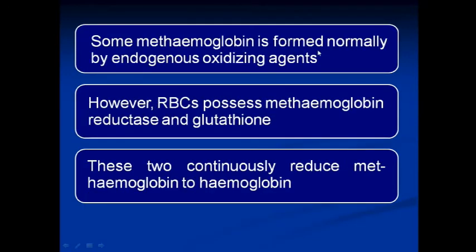Some methemoglobin is formed normally by endogenous oxidizing agents, but methemoglobin reductase and glutathione continuously reduce methemoglobin to hemoglobin, reversibly.